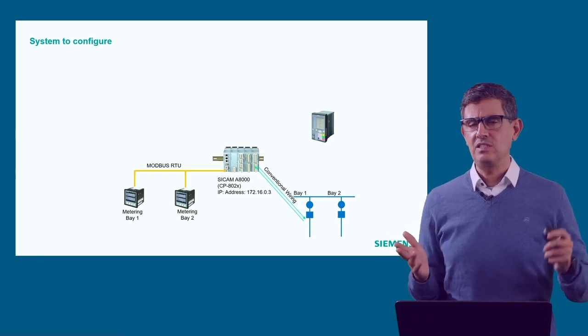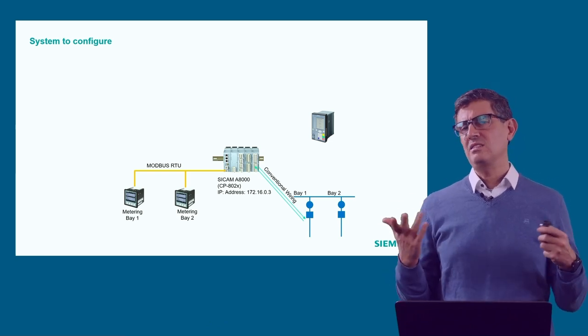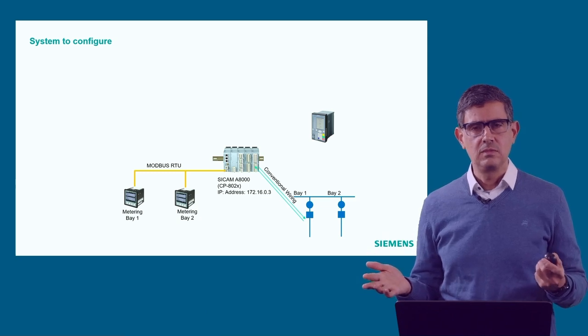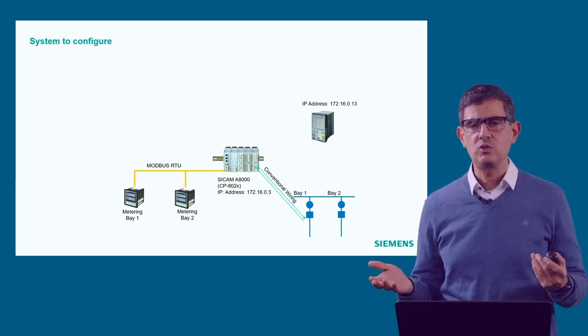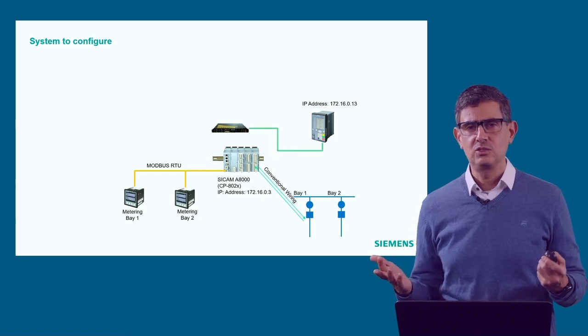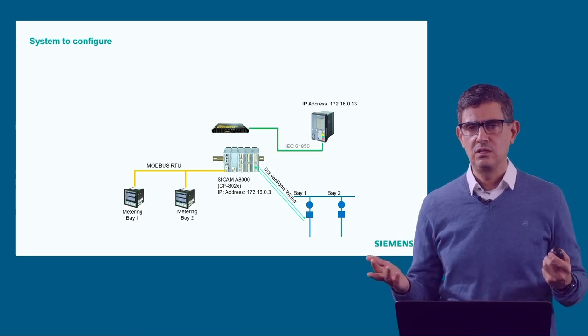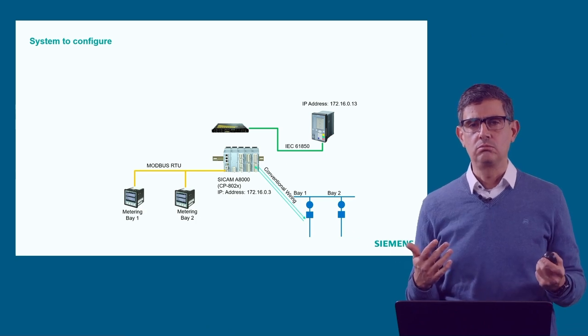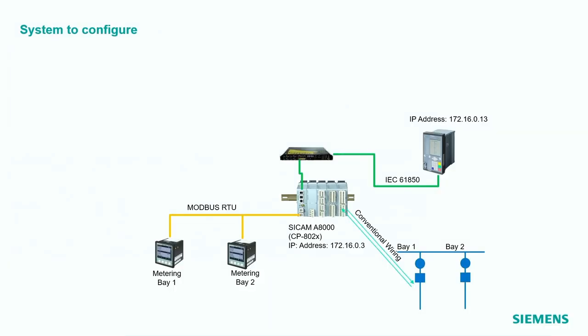Let's also imagine that we have at least one CProtect device protecting one of the bays. This, of course, will have its own IP address and will be integrated through a network switch through the IEC 61850 communication protocol. The RTU will be, of course, connected to the same network.